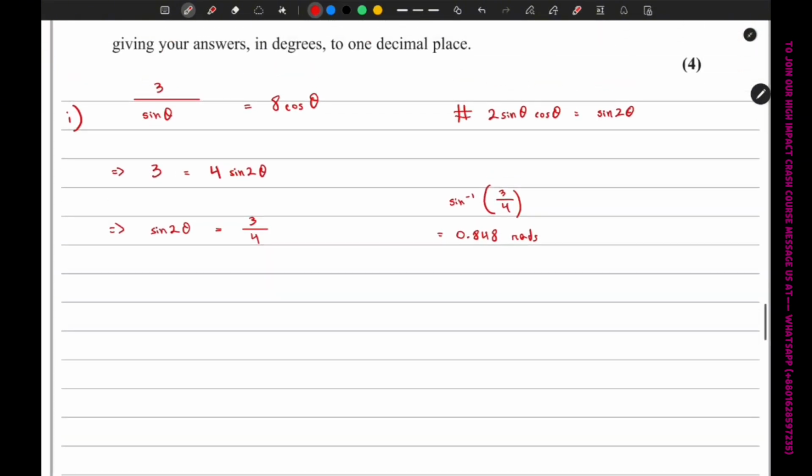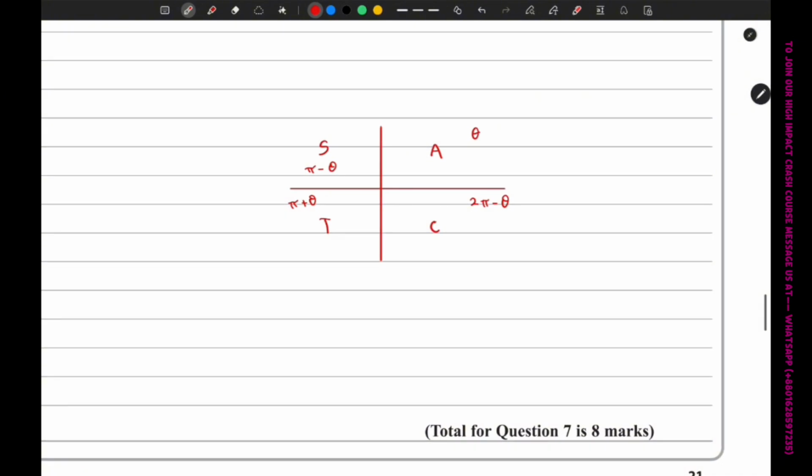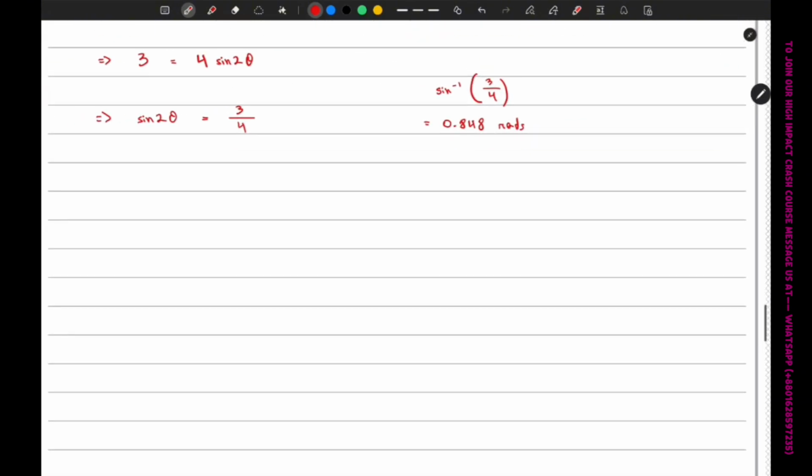Now in this case the value of sine is positive, as we can see from the equation. The value of sine is positive, which means that our solution lies in these two quadrants, this one and this one, because in these two quadrants the value of sine is positive. So theta itself is the solution, which is this one.